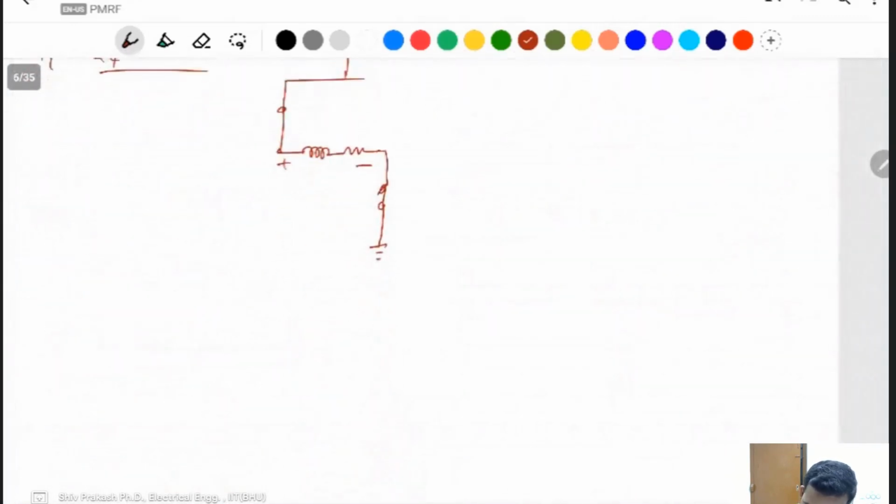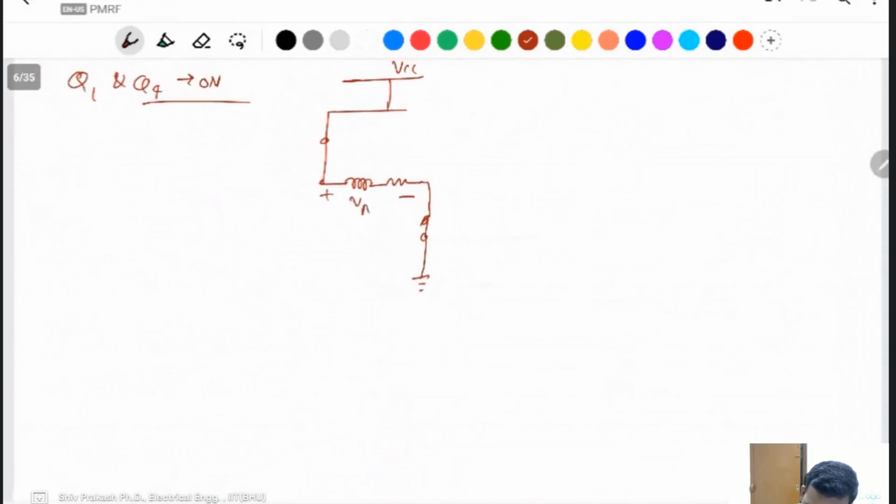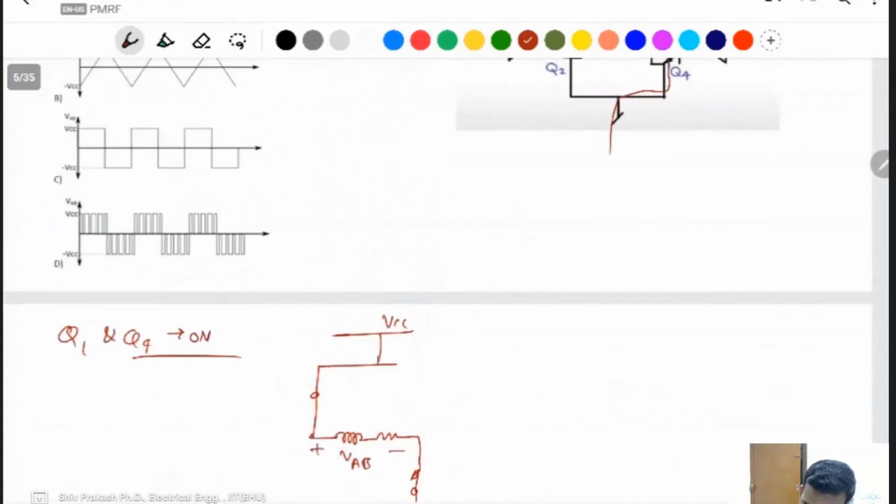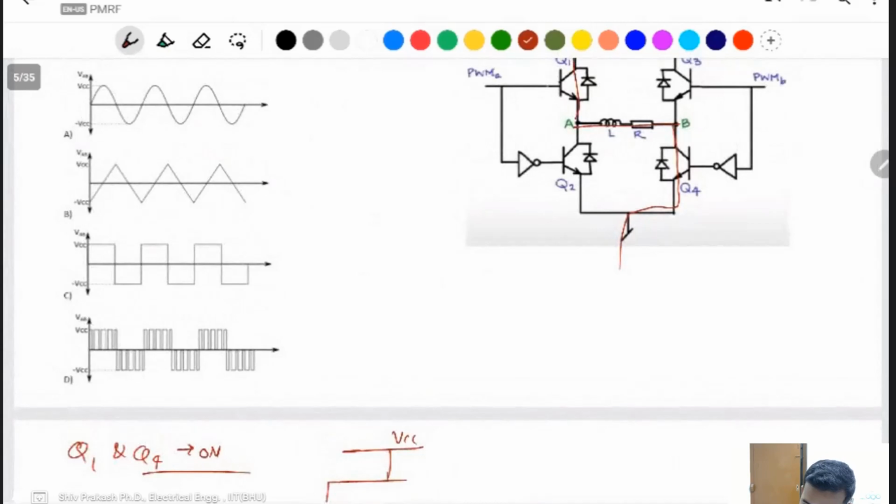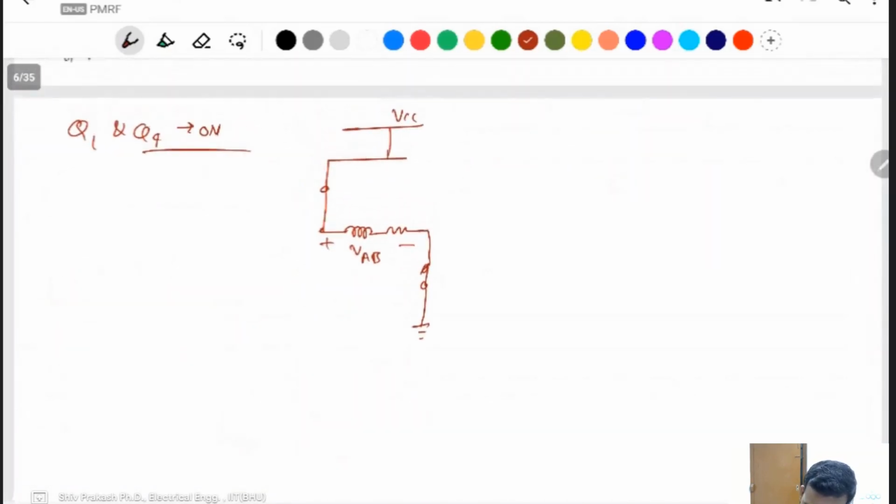VAB, you can take it like this, plus or minus. VAB is given: this one is positive, this one is negative. When Q1 and Q4 are on, what is VAB?